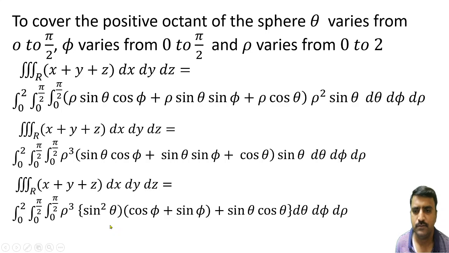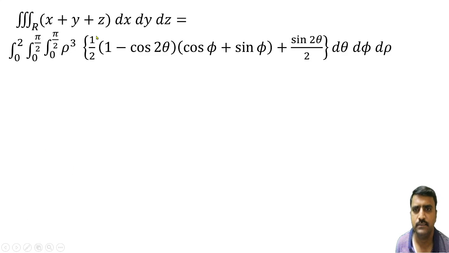Okay, now next you can write this sin square theta is half into 1 minus cos 2 theta, and sin theta cos theta can be written as sin 2 theta by 2 d theta d phi d rho. So now you can integrate this with respect to theta first.